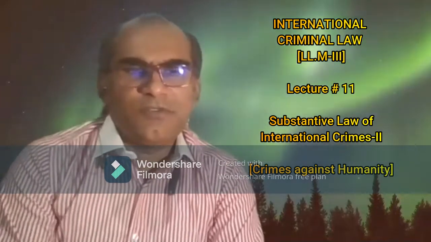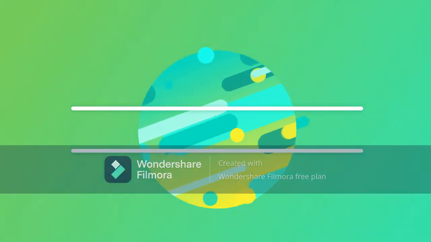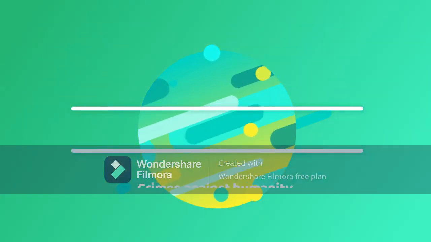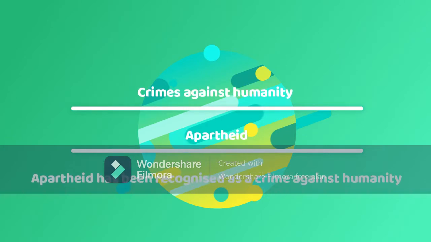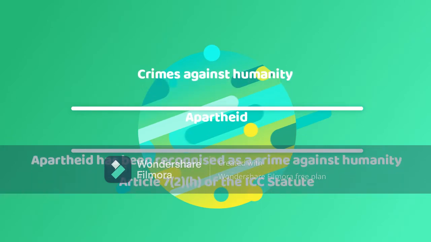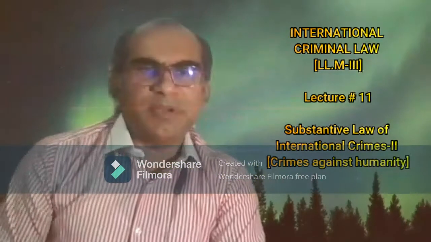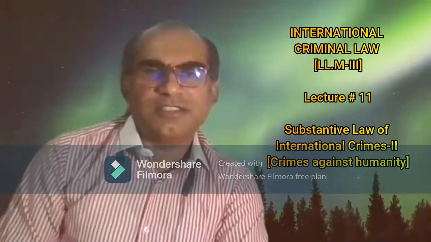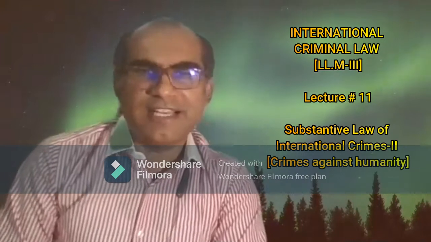The next offense, in the clause of the same article and paragraph, is the crime against humanity of apartheid. The perpetrator committed an inhumane act against one or more persons. Such act was an act referred to in Article 7, paragraph 1 of the statute, or was an act of a character similar to any other. The perpetrator was aware of the factual circumstances that established the character of that act.